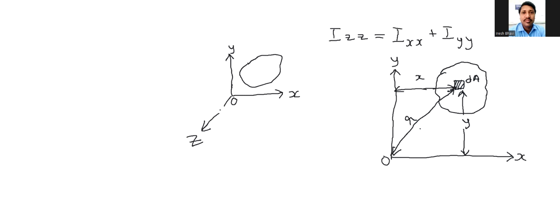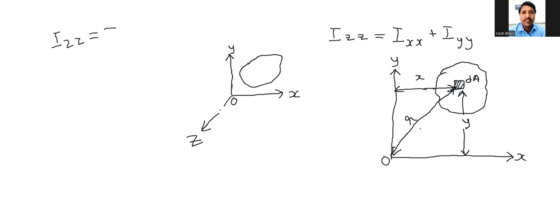From the definition of moment of inertia, we know that the moment of inertia about the axis perpendicular to this plane, that is Izz about the z-axis, can be written as: Izz is equal to what?